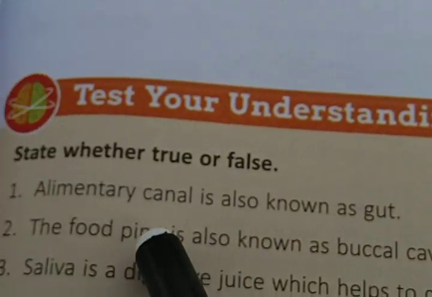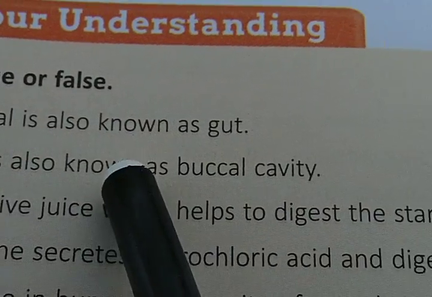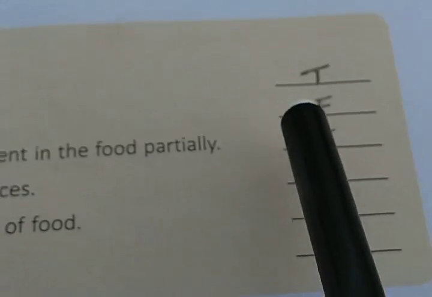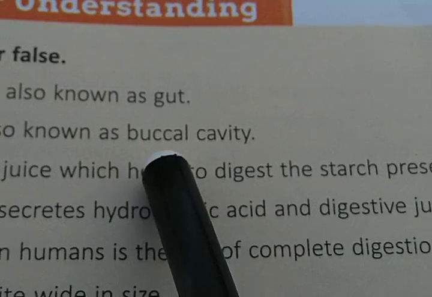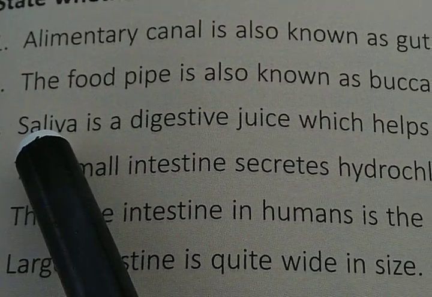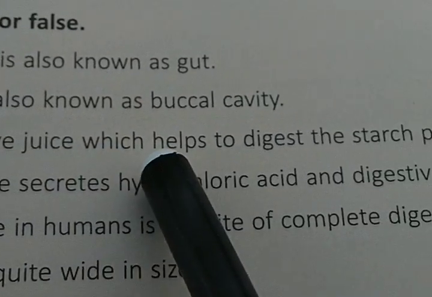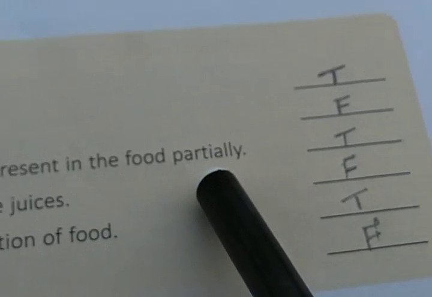Next, true or false. The alimentary canal is also known as the gut. True. The food pipe is also known as the buccal cavity. False. Saliva is a digestive juice which helps to digest the starch present in the food partially.